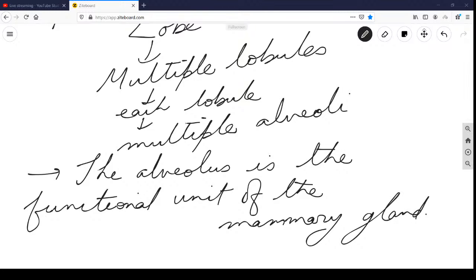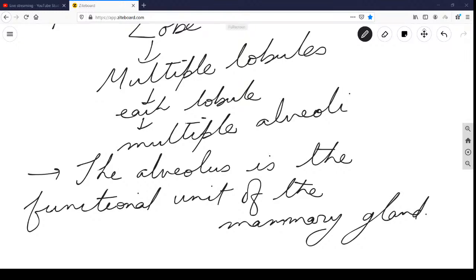I told you that the alveolus is the functional unit of the mammary gland, and it is a hollow sphere. What is the alveolus?